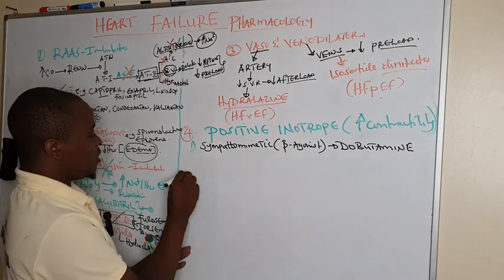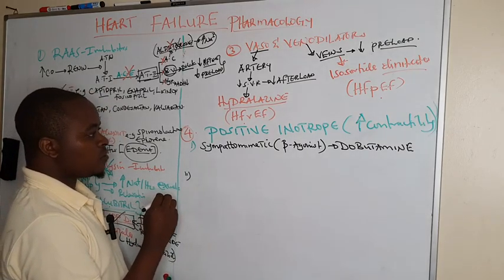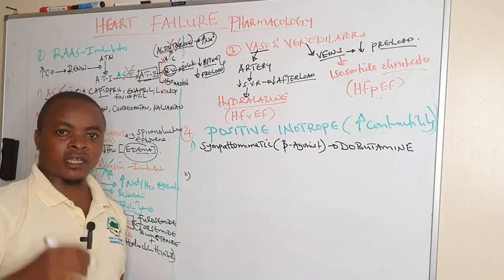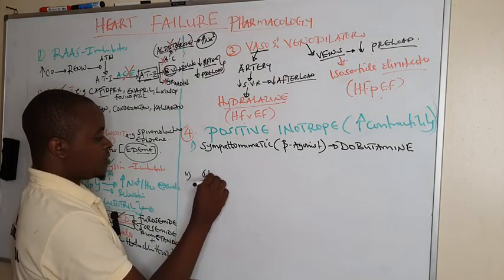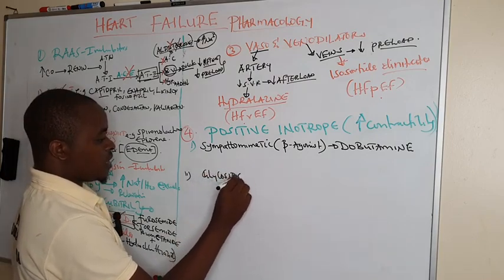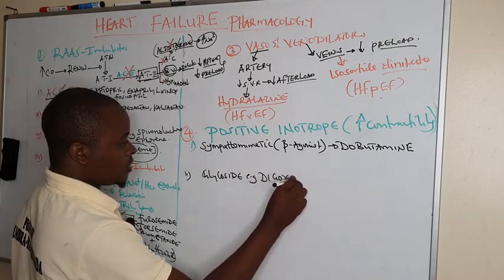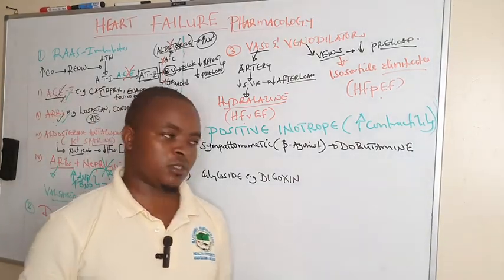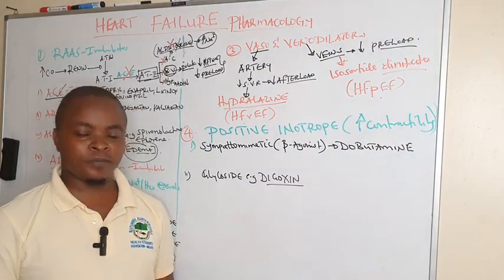Then another class we are going to talk about under positive inotropes is the cardiac glycosides. The big example here we shall use is digoxin. Digoxin is preferred to digitoxin. So that's why we are going to look at digoxin, which is the cardiac glycoside.